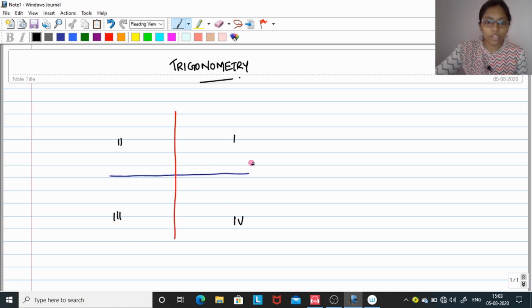And when you mark your angles, we have to start from here, 0, adding pi by 2, and we are moving in anti-clockwise direction. 0 plus pi by 2, and pi by 2 plus pi by 2 is pi, pi plus pi by 2 is 3 pi by 2, plus another pi by 2 becomes 4 pi by 2, which is 2 pi. Plus another pi by 2, we get 5 pi by 2, 6 pi by 2 means 3 pi, 7 pi by 2, 8 pi by 2 means 4 pi.